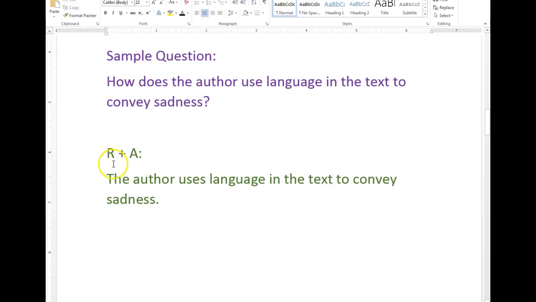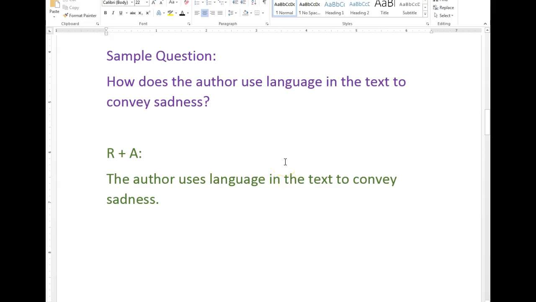Your first sentence, your R plus A in your response. The author uses language in the text to convey sadness. How does the author use language in the text to convey sadness? Answer, the author uses language in the text to convey sadness. So you don't even have to provide the A here. The A is provided for you in the question.